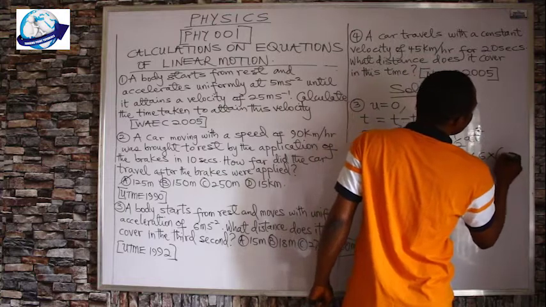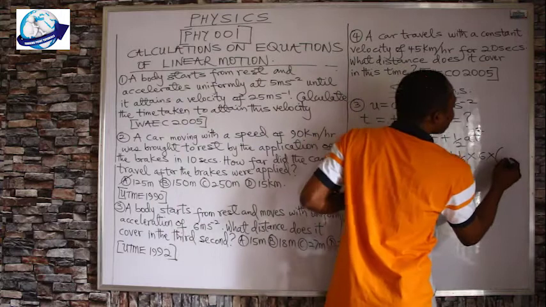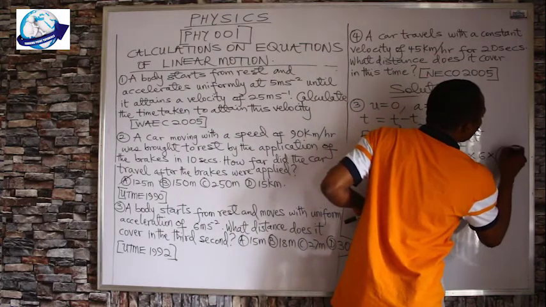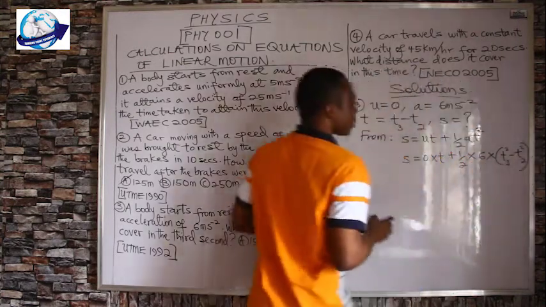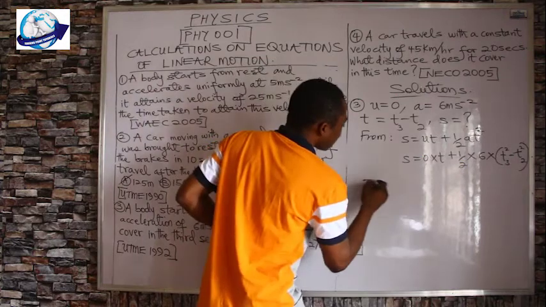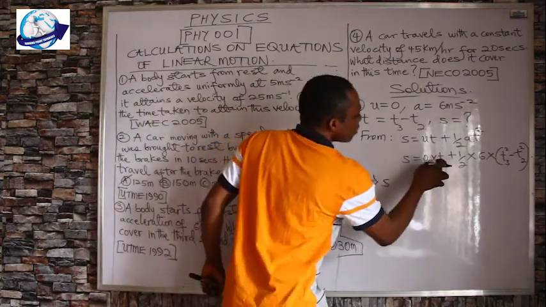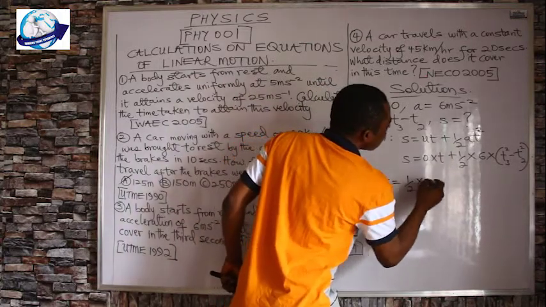Open the bracket, you have the time now, it's going to be t3, t2, so you have t squared, that means t3 squared minus t2 squared, like this. Then it implies here that the distance traveled, 0 times t, that cancels out, becomes half times 6.